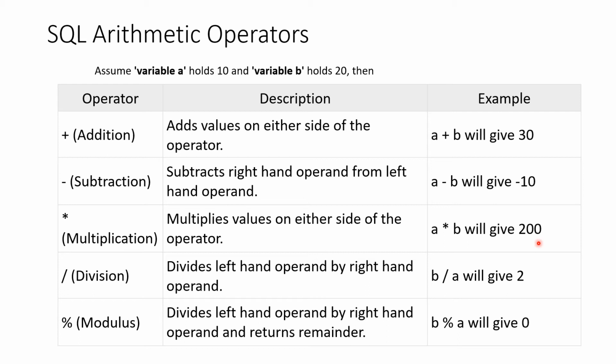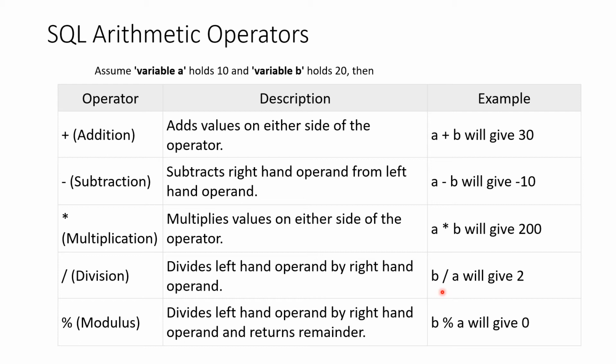Next is division. It divides the left hand operand by the right hand operand. So b by a. This we have to remember always, because some people suppose the opposite, and then the result will not be as required.